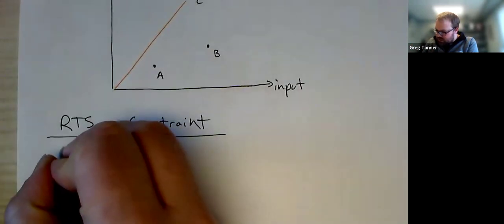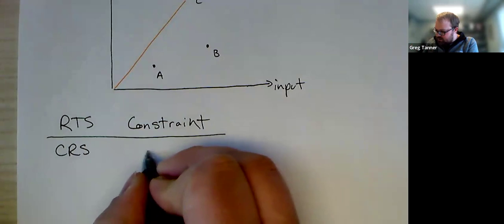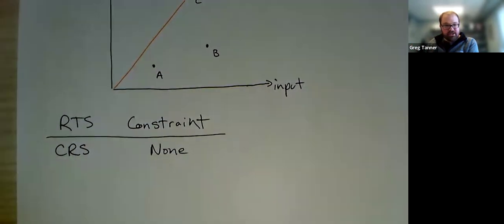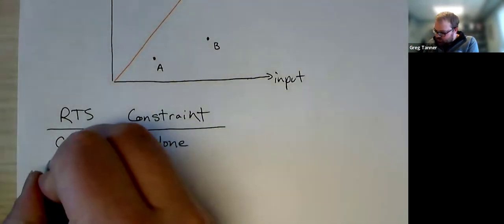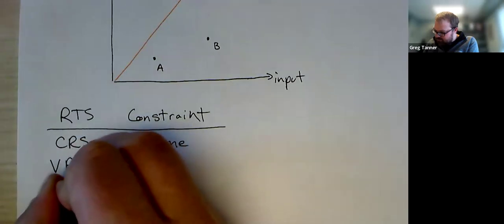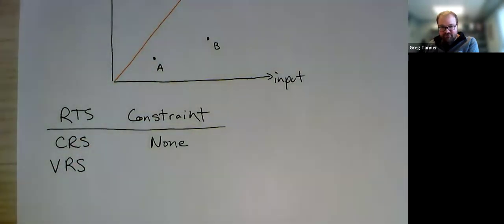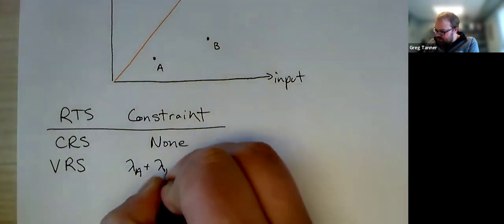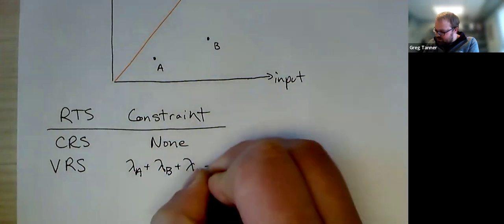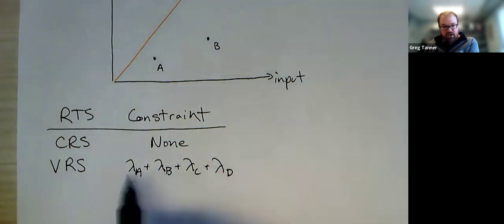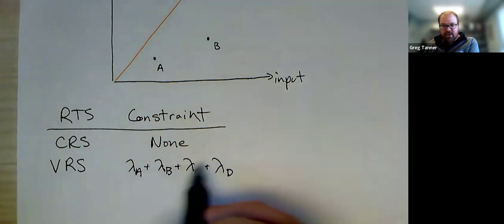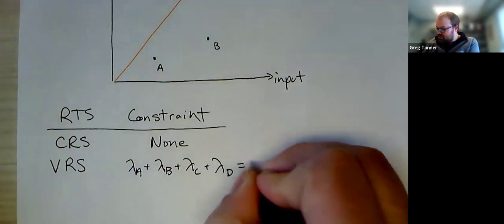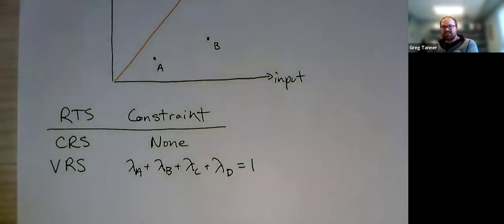For constant returns to scale, there's no constraint on your lambdas. For variable returns to scale, abbreviated VRS, we get a constraint that lambda A plus lambda B plus lambda C plus lambda D, the weights that make up our target, has to sum to 1, which means that our target will always be what's called a convex combination of our other DMUs.